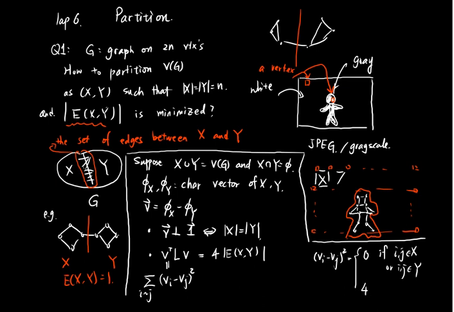It is 1 minus minus 1, and then take its square, which is 4, say if i is in X and j is in Y. So in the end, it is basically counting the number of 4s, counting i adjacent to j such that i in X, j in Y. So in the end, you are just counting this quantity.